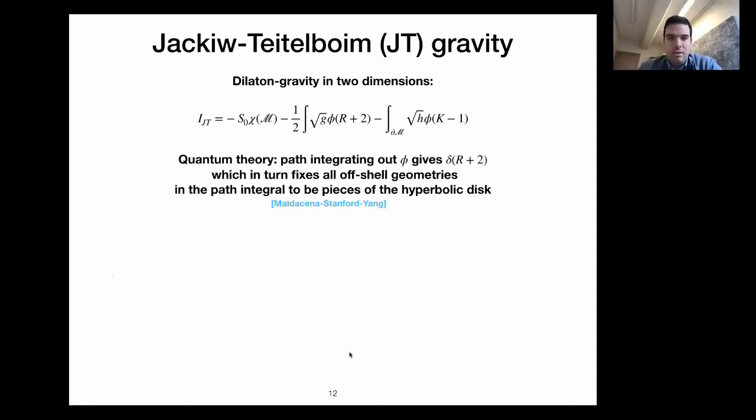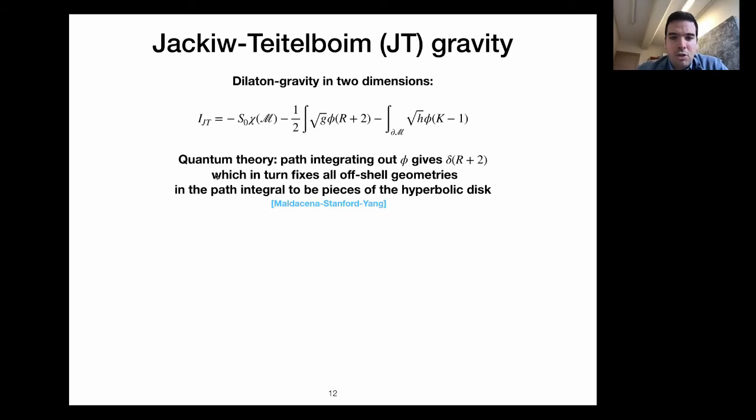Okay, so this was black holes in the classical theory. So how do we deal with the quantum theory? What's special about this theory is that path integrating the dilaton out gives you a delta function restricting to constant negative curvature metrics. So essentially, these are all just Riemann surfaces with some number of boundaries.